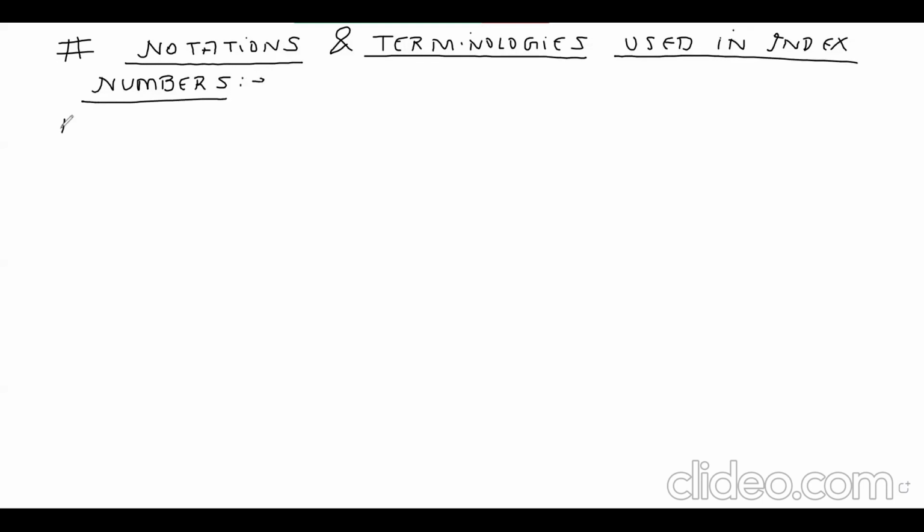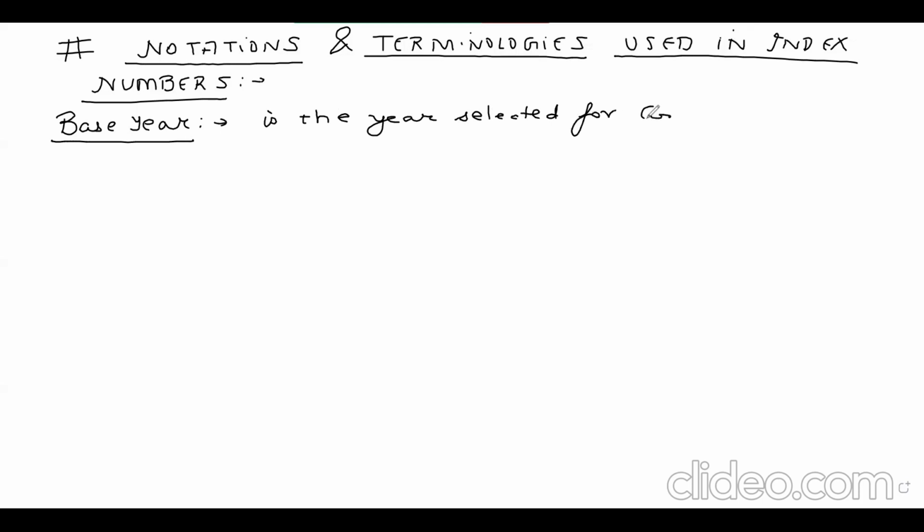So let's first of all look at base year. So what is a base year? Base year is the year selected for comparison. That is the year with respect to which the comparisons are made.